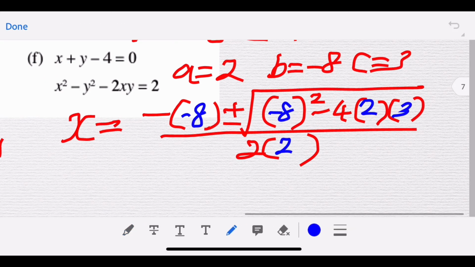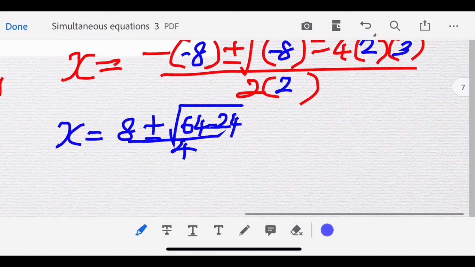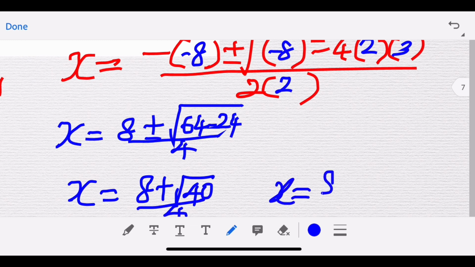Finally, we need to solve: x is 8 plus minus the square root of 64 minus 24, over 4. So x will be 8 plus square root of 40 over 4, and the other answer will be 8 minus square root of 40 over 4.